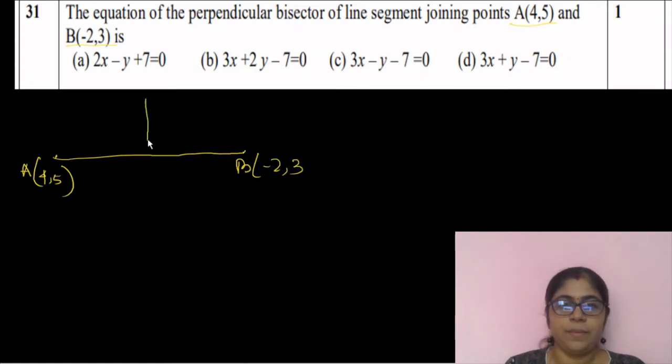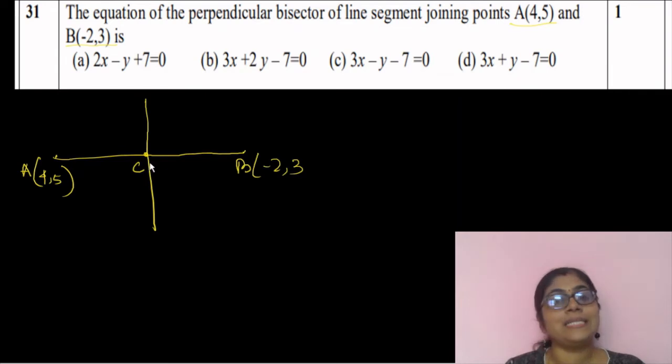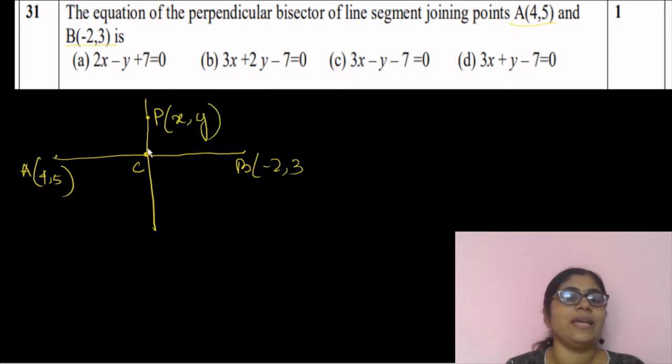So this is the perpendicular bisector. We can easily get the point C, but we want an equation, not the point. So let us take point P here, whose coordinates are (x, y). So whatever point will lie on this line will satisfy the equation. So P is also satisfying the equation.